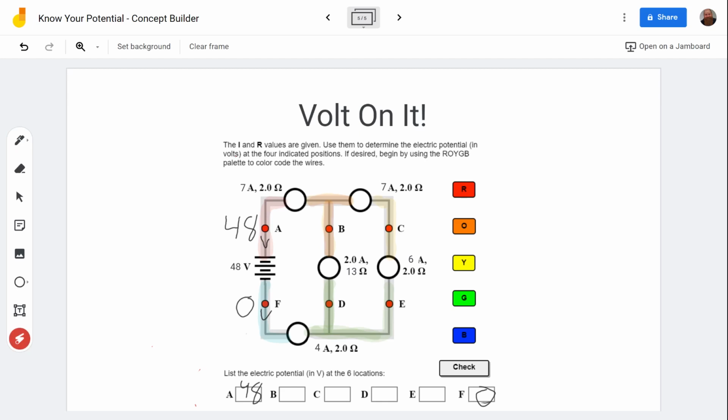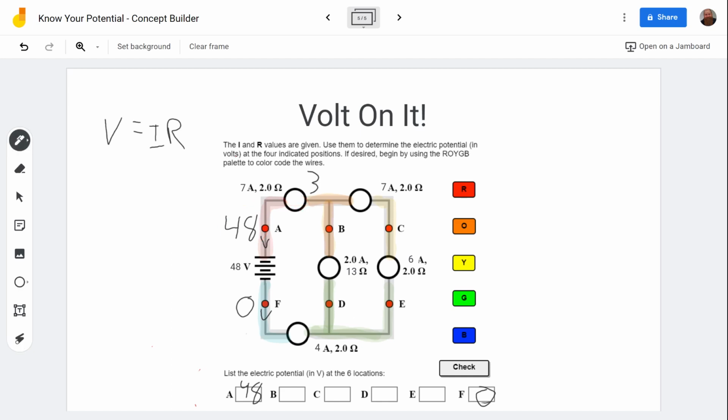So now how much energy do we lose going through the light bulb? Well, let's use Ohm's law. V equals IR. We have I, which is 7 amps, and R, which is 2 ohms. I times R, 7 times 2, gives us 14. So we had 48 and we lose 14.